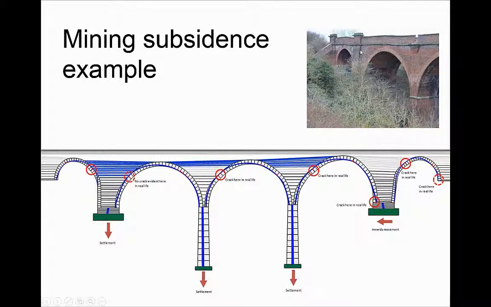I think I've got a view of the bridge from the other direction, below to the photograph you can see above. So, in other words, the span at the right-hand side here corresponds to the first span, and the first span has quite severe mining subsidence.